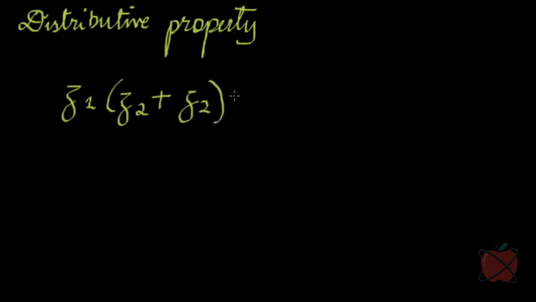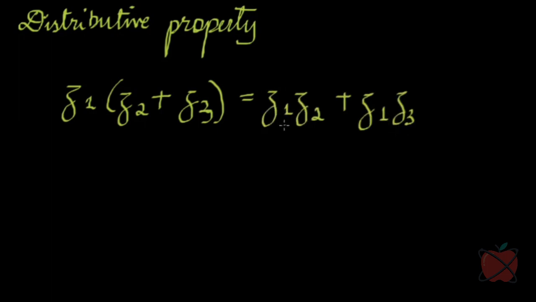Then there's another property known as the distributive property. Now this property is a combination of multiplication and addition. Say you have z2 and z3 that are added together, and whatever you get from there you multiply with z1. And the answer will be z1 z2 plus z1 z3. That means you're distributing z1 with z2 and also with z3.